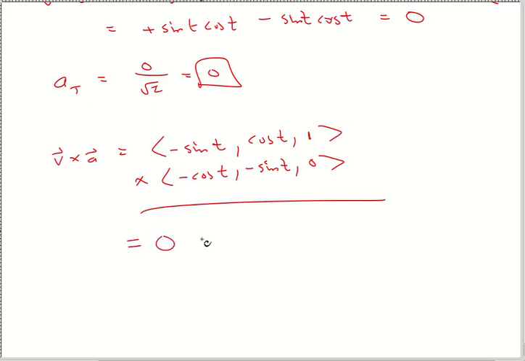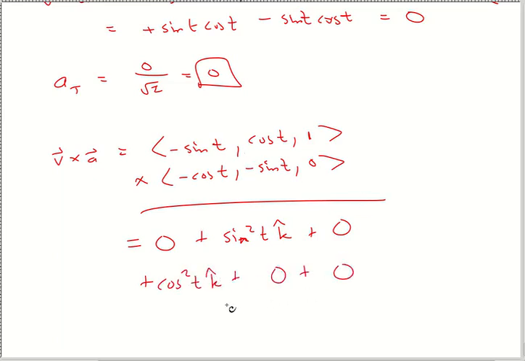Anyways, always a 0. Sine and sine will make a sine squared. 2 negatives make a positive, so sine squared, that's a k component. Anything times 0 is a 0. Cosine and cosine makes a cosine squared, but that's a negative k component. 2 negatives make a positive. Cosine squared, k component. Always a 0.